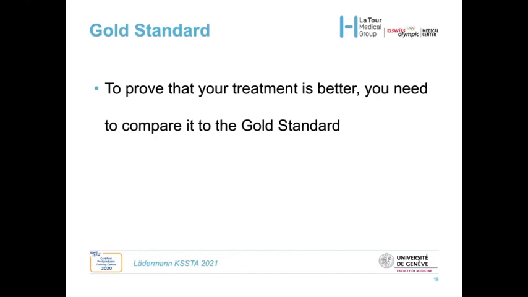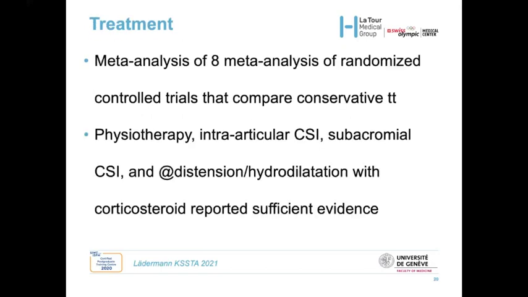And now if you want to prove that what has been done in Lyon is the best treatment, you need to compare this best treatment to the gold standard. So this was the next step, and this is what we published in 2021. What is today the gold standard? It's very complicated. We did a meta-analysis of meta-analyses. So it's an overview of meta-analyses, and it was only randomized controlled trials of very high quality, level 1, that compare different types of conservative treatment.